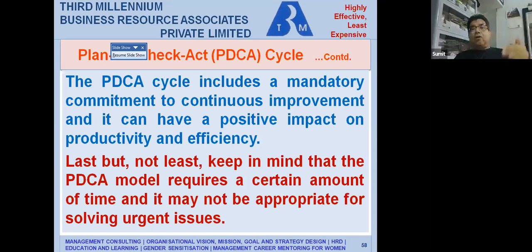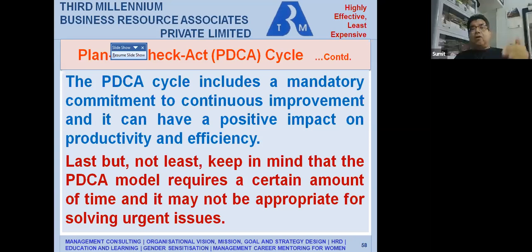And we must also remember, don't sit down to do a PDCA for solving urgent problems. Okay? So, it is exactly like when an accident happens on the road. Yes, whose mistake it was is important, but saving the life of the person is more important in that urgent situation.